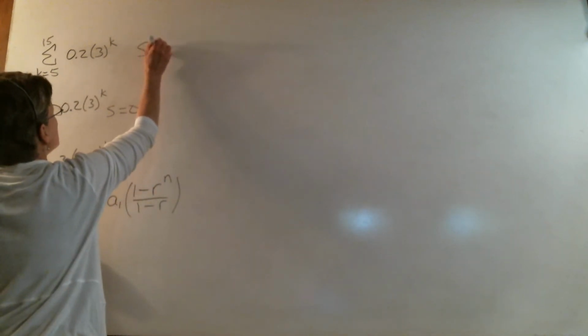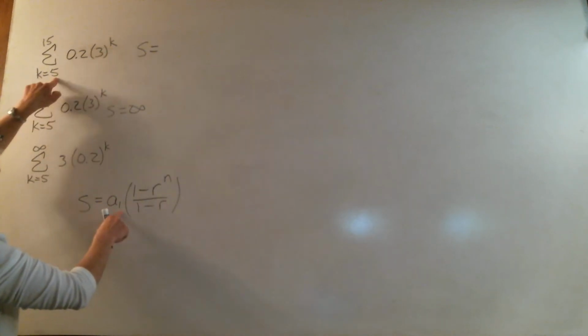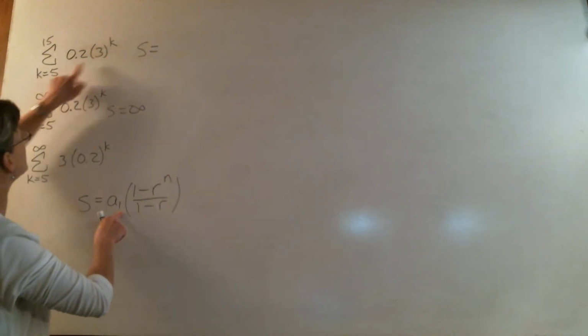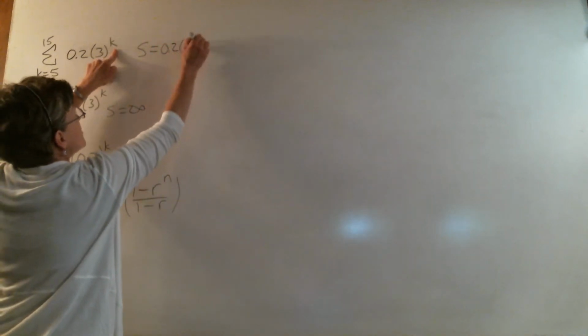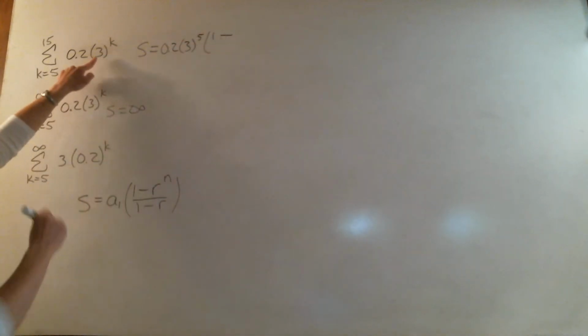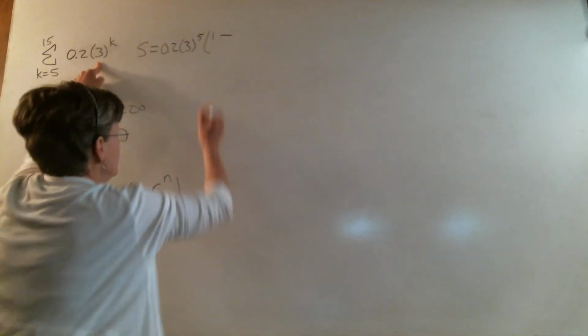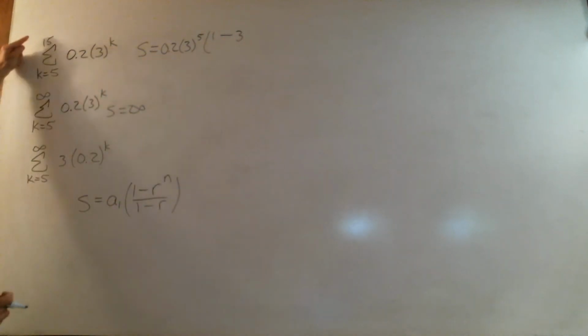So the sum equals, now the first term is when k is its beginning number, its lower limit. And so the first term is when k is 5, so 3 to the 5th, and then 1 minus, and the common ratio is 3 in this case. And then we talked about how many terms do we have?